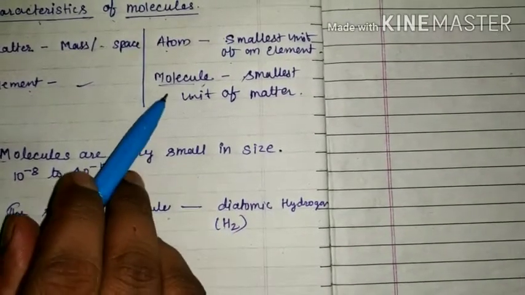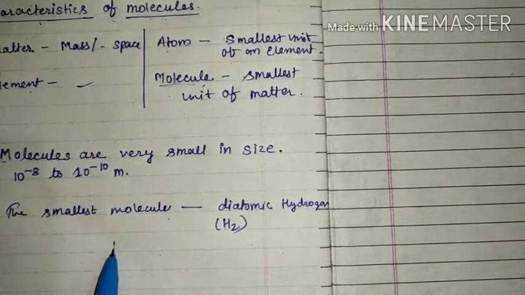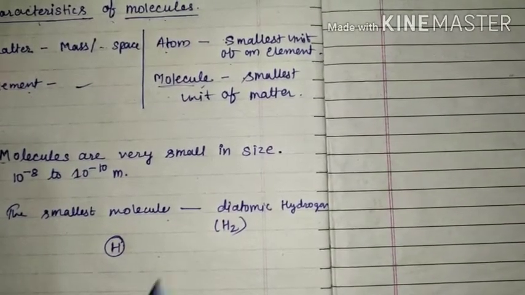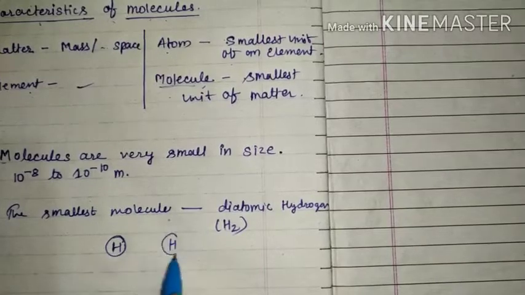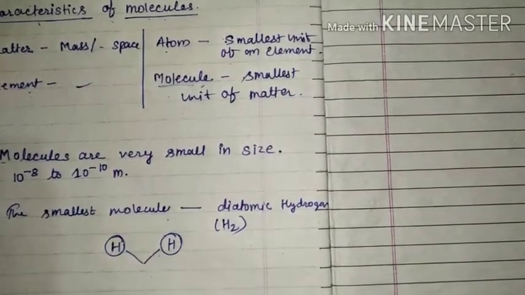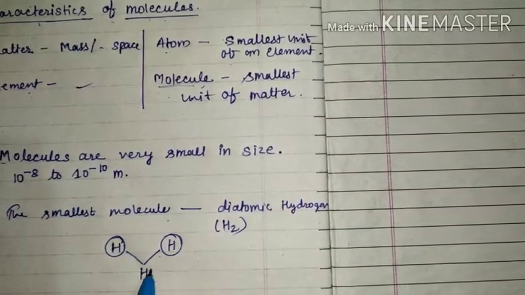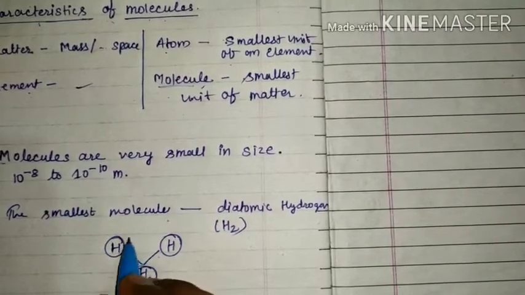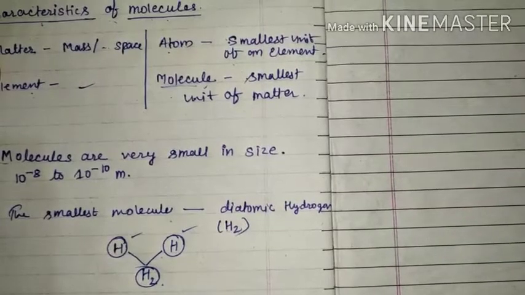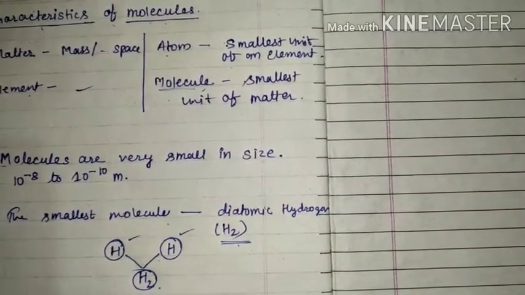In the molecule concept, we have already learned about H2. H is a single atom, and this H is a single atom. They combine together and make a single H2 molecule. This is the atom, and they make a molecule. So this is the smallest molecule.